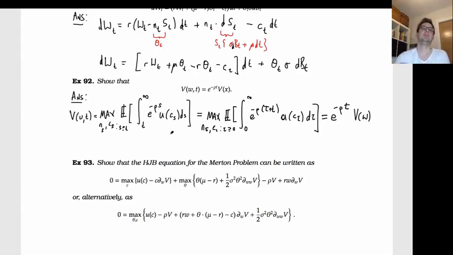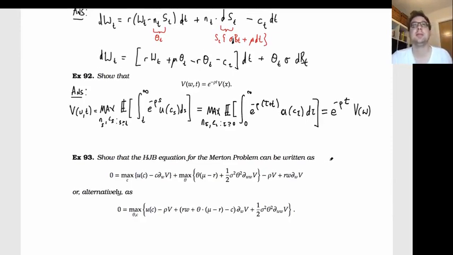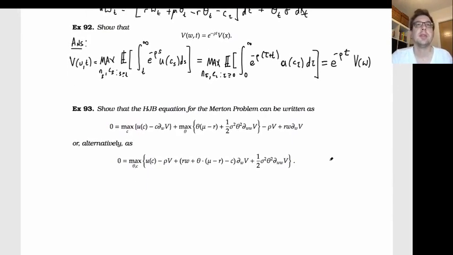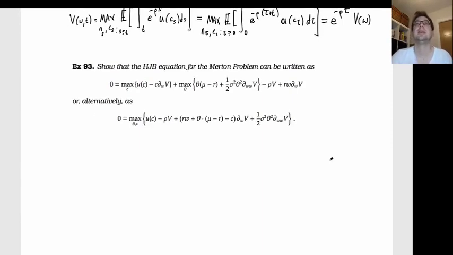So essentially the only thing that's affected by doing this is that we've multiplied each term here by e to the minus rho t. That's quite a common feature that we found in discount factors previously, even in the discrete time setting. So that's one thing to note. The next thing we're going to look at is this HJB equation for this problem. I've written it down two different ways.